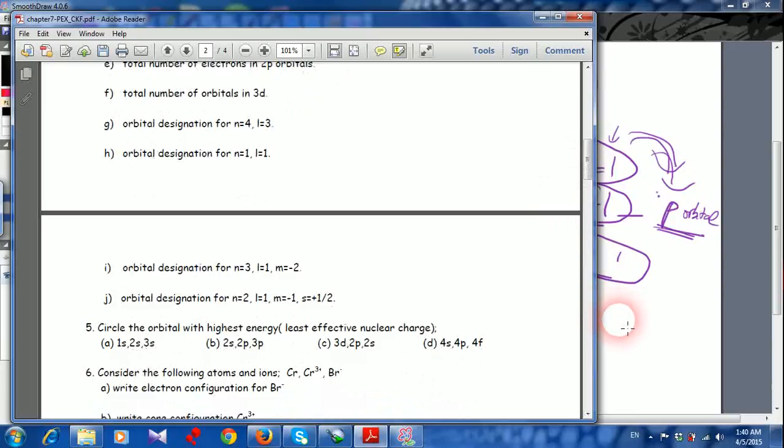Oh, we have another two questions. Question I, orbital designation for n is 3, l is 1, and ml is negative 2.